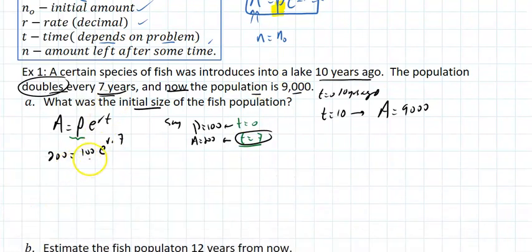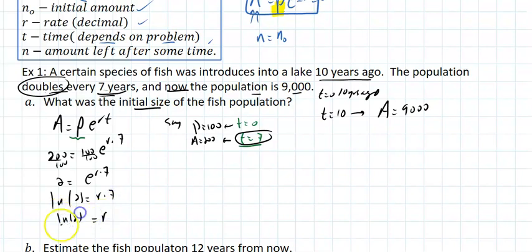So in this case, isolate the exponential by itself: divide by 100 on both sides, and I'll get 2 equals e to the r times 7. Transform to log form, and I could say r equals natural log of 2 divided by 7. Now I could write it as a decimal, or I could leave it like that.